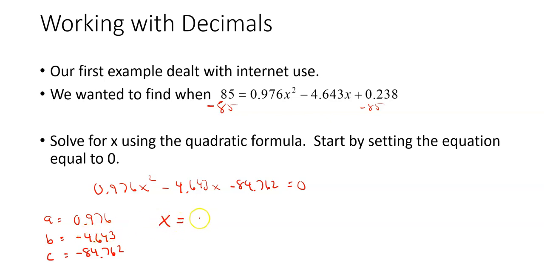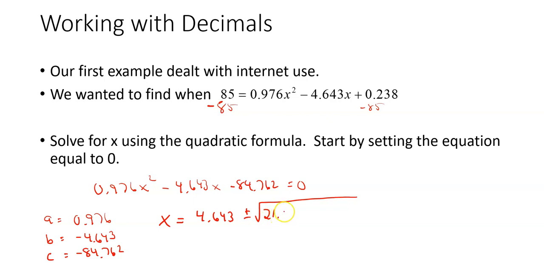x equals the opposite of b, so 4.643, plus or minus the square root of b squared. So if I take 4.643 and square it, I get 21. Now, how many decimal places do you keep? The formula has 3 decimal places in it, so I'm going to keep 3 decimal places in my work.